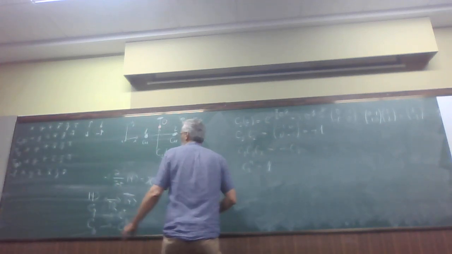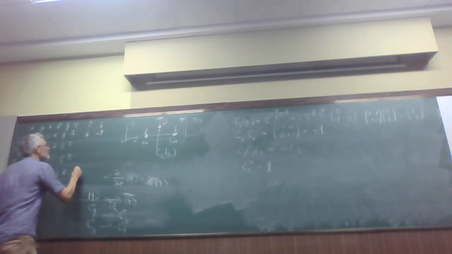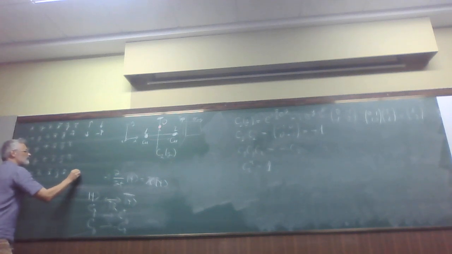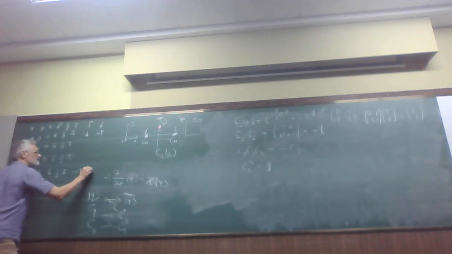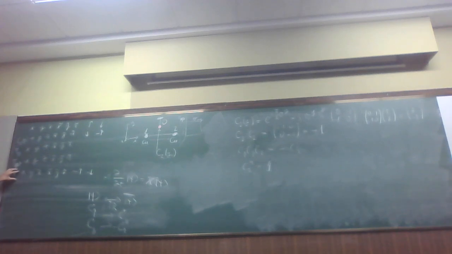Good. Then here, it means that up will go to minus up, and down will go to minus down. Okay? This is -1, and then we have this -1 times C2, minus C2 y, which is, I just copied these things here.